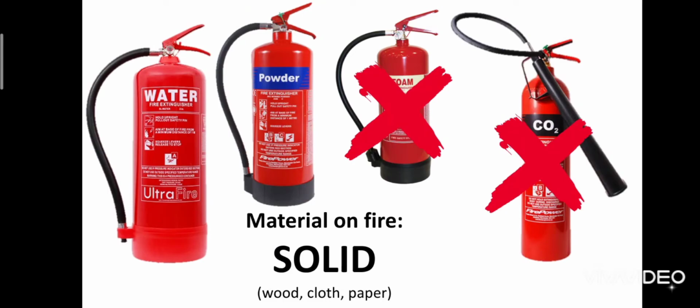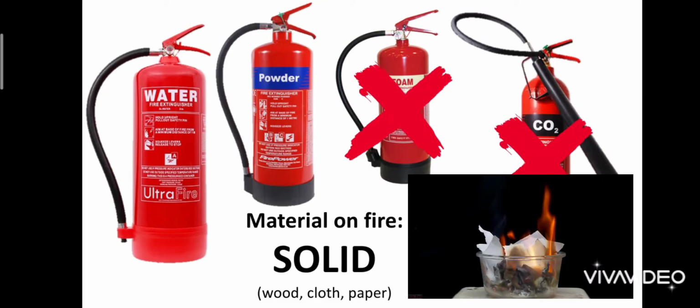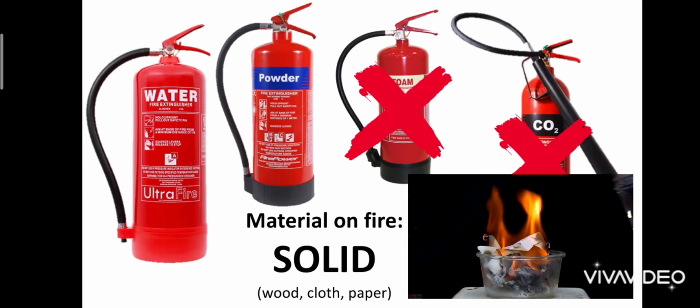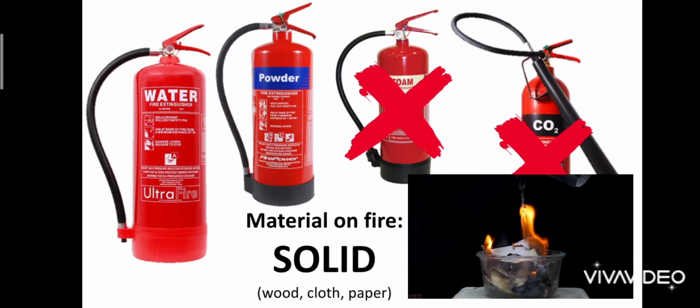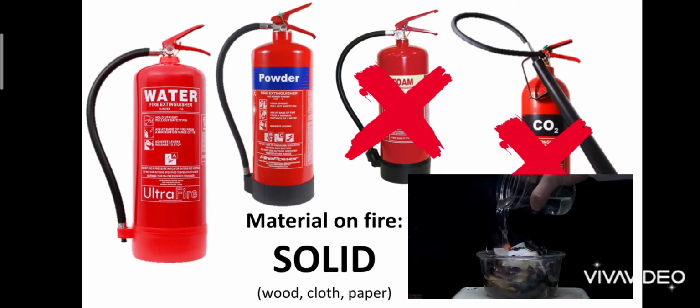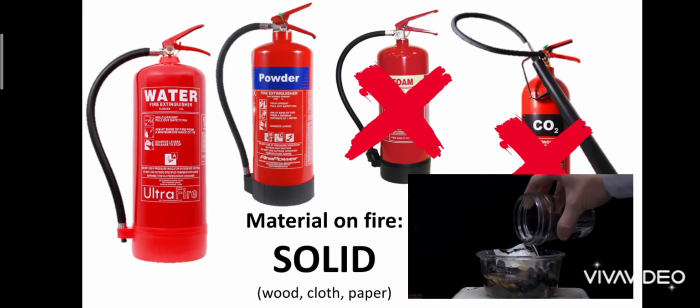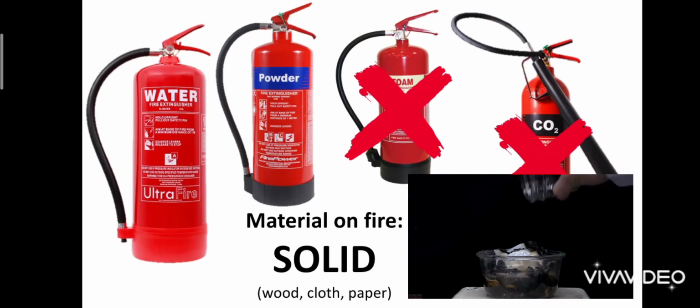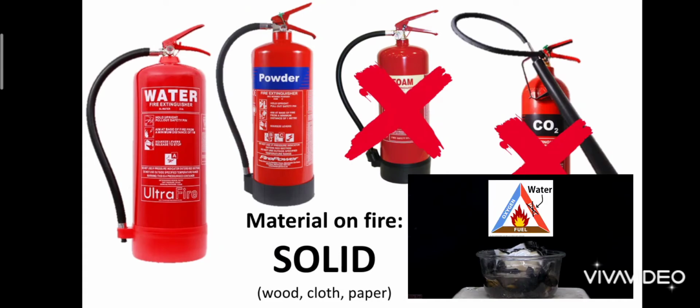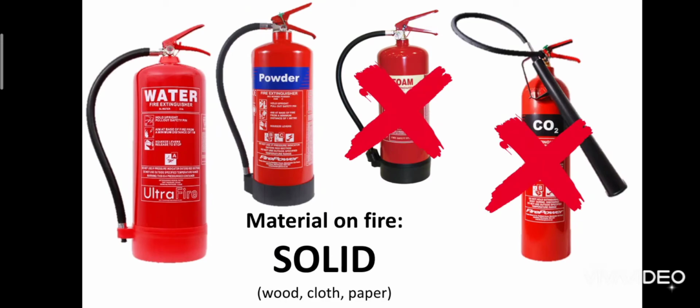So, we use fire extinguishers of the water and powder type to put out fire caused by these materials. As you can see from the video, the paper is burned. Then we can put out the fire by using water, because the water will remove heat.